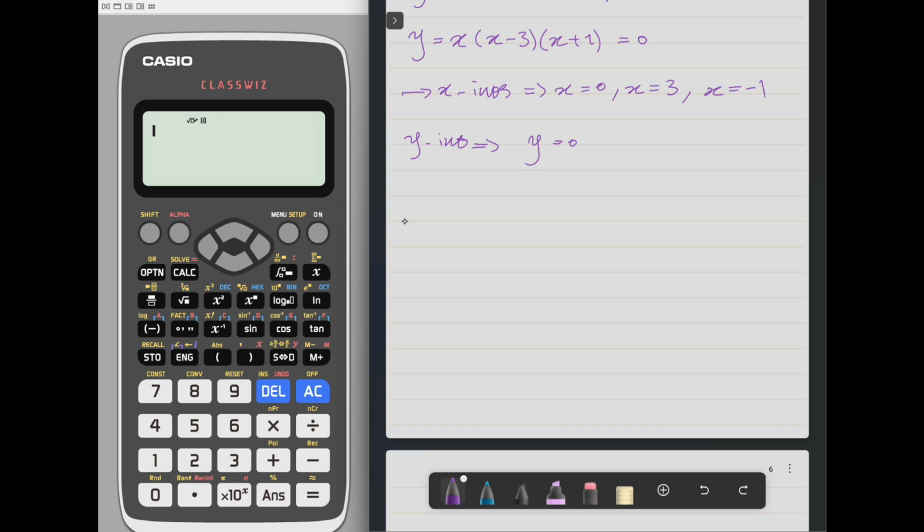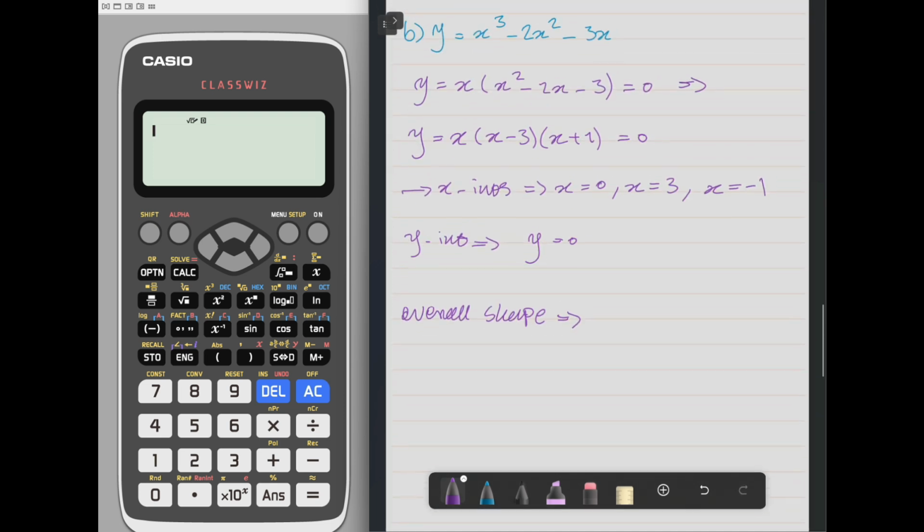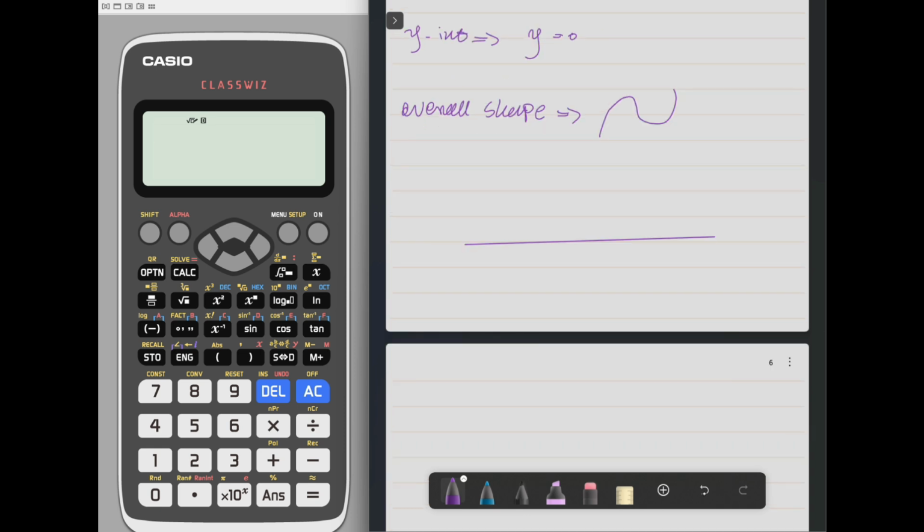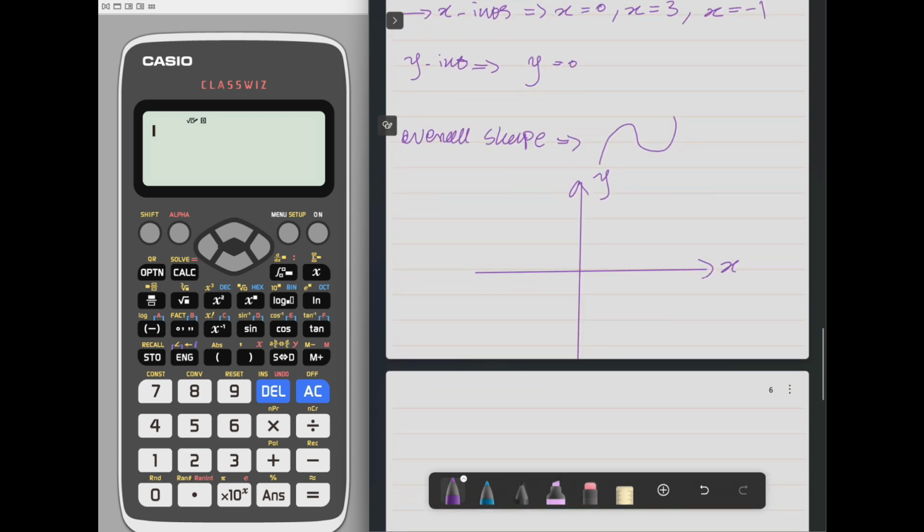As for the overall shape, let's go back to our original equation. What is the coefficient of x cubed? It is 1. Is 1 positive or negative? Positive, so it will be n u. So my sketch, not very nice, will have minus 1, the origin, and 3.